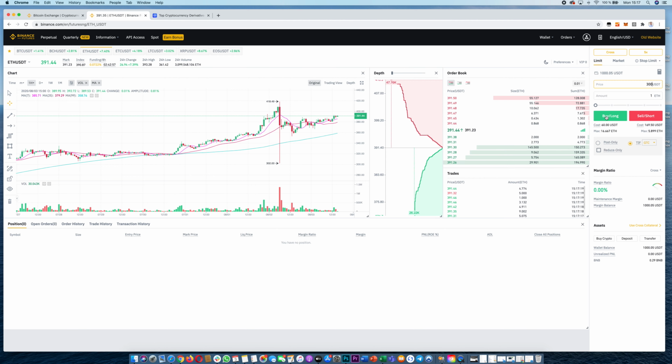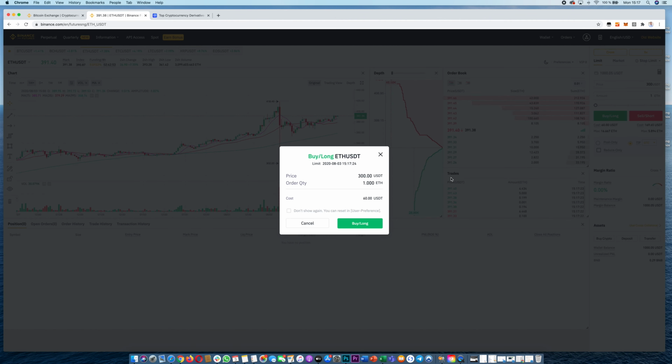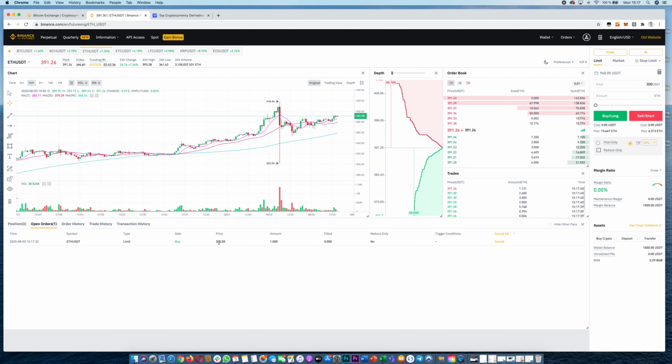Then you can say, I want to buy long. And you can see here it's now under open orders. And if the price drops to 300 USDT, your order will be executed. And you can, of course, cancel the order any time.